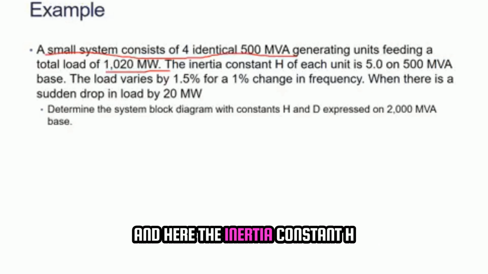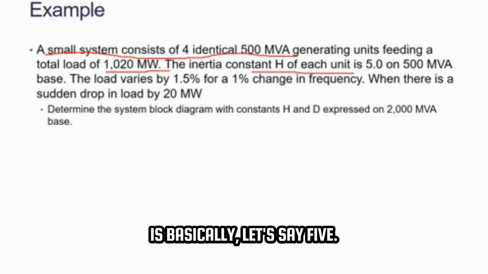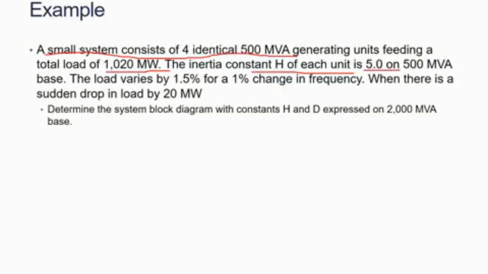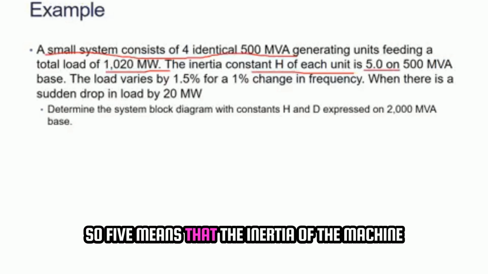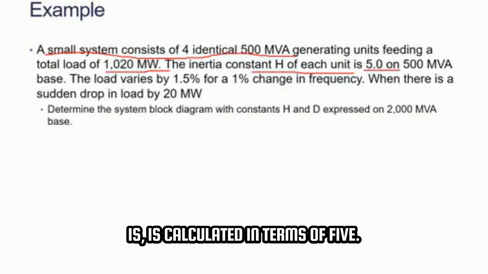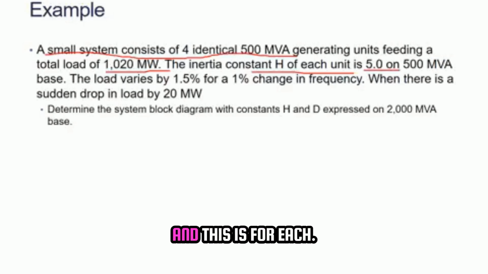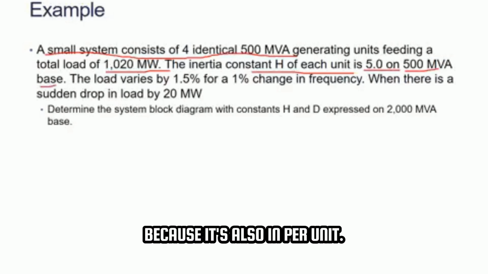And here the inertia constant H is, let's say, 5. This is for each machine, on the 500 MVA base, because it's in per unit.